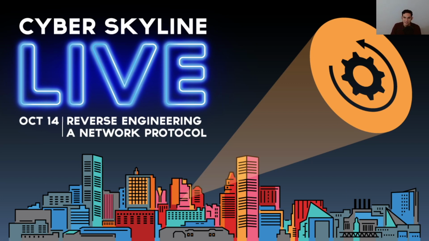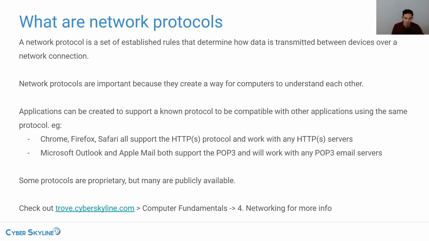All right, so today we are taking a look at reverse engineering network protocol. What does this mean? Well, the big question that you're probably wondering first is, what is a network protocol? Simply put, network protocols are a standard way that computers communicate with each other over a network.